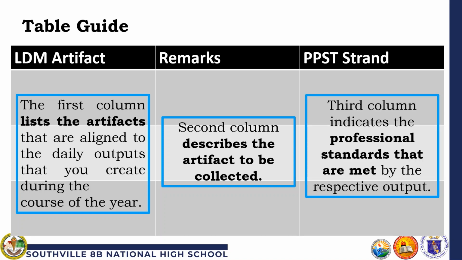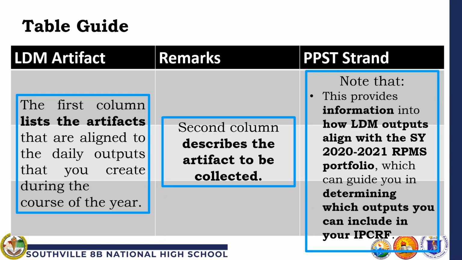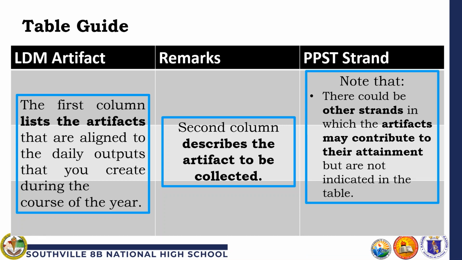The third column indicates the professional standards that are met by the respective output. Note that this provides information on how LDM outputs align with the school year 2020 to 2021 RPMS portfolio, which can guide you in determining which outputs you can include in your IPCRF. There could be other strands to which the artifacts may contribute but are not indicated in the table.